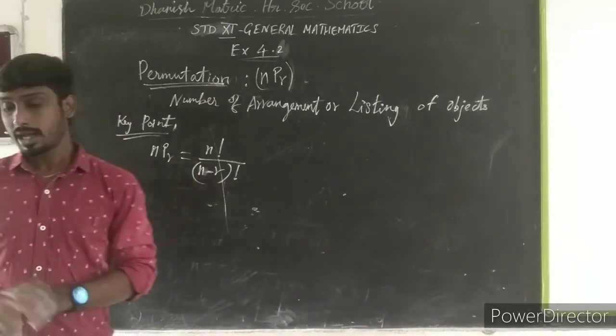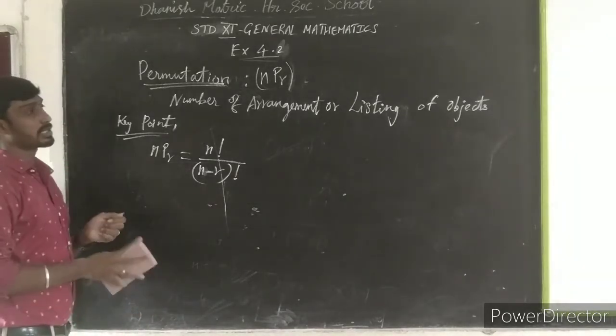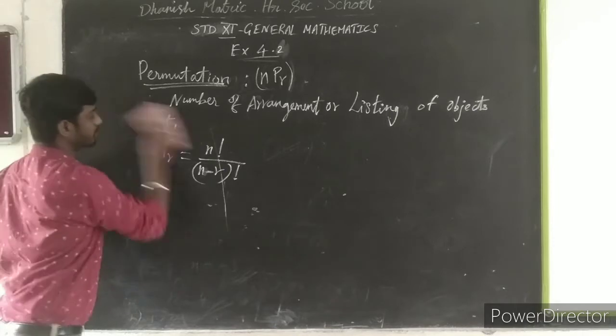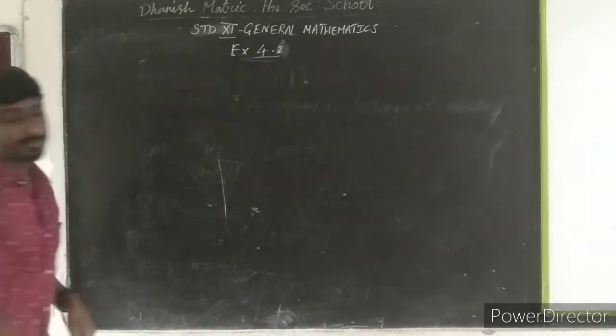Let us see the exercise sums. How will we apply this key point to the exercise sums? So what is the first question given in exercise 4.2?